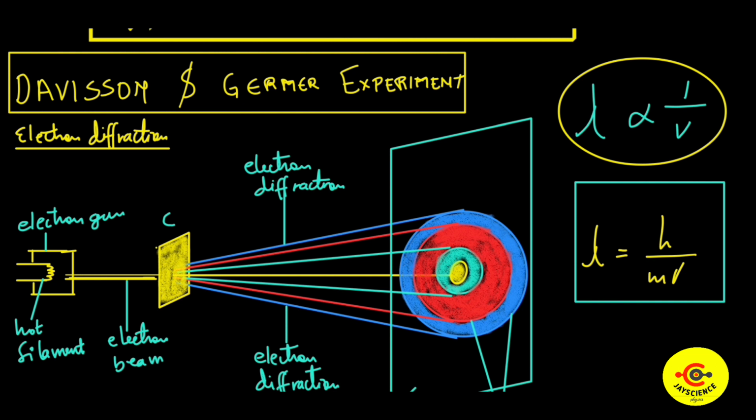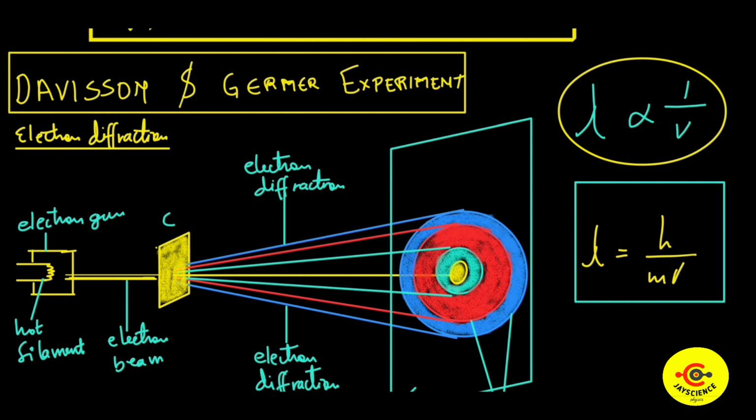If you increase the velocity of the electrons, the wavelength of the electron waves will decrease. That's an inverse proportion, and that is also shown in the equation you have on the screen. We have lambda, which is wavelength, equals Planck's constant, h.